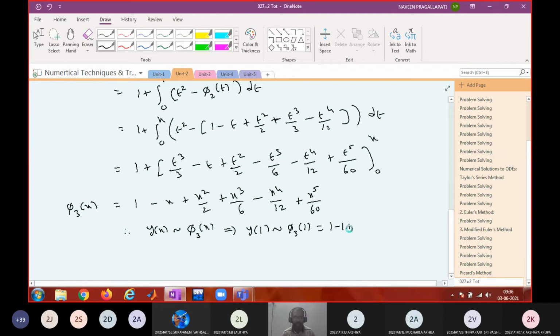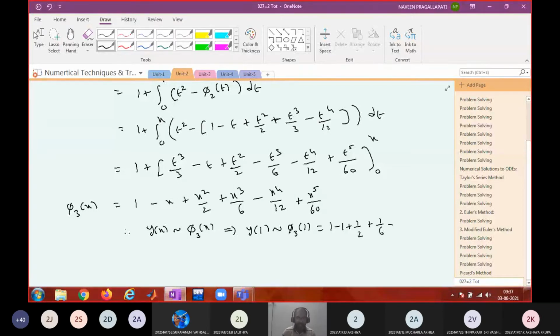This is 1 minus 1 plus 1 by 2 plus 1 by 6 minus 1 by 12 plus 1 by 60. Okay, you tell me 0.6. Oh, okay. So that is given for x power 6. Okay, 0.6.